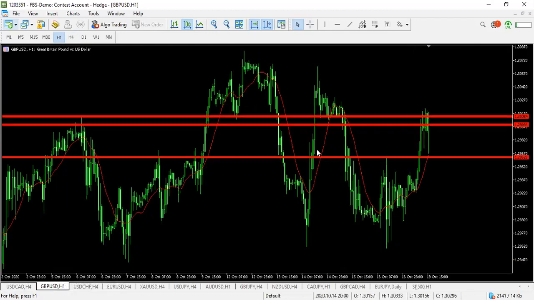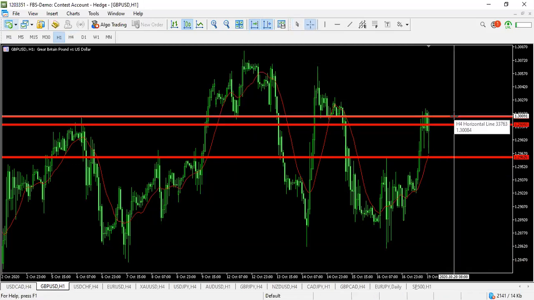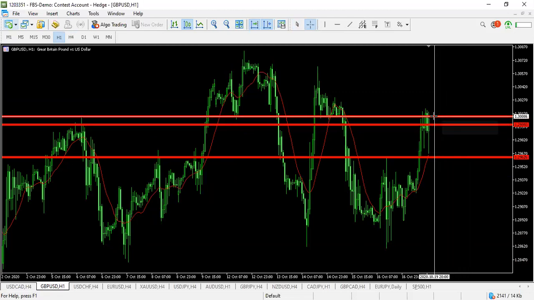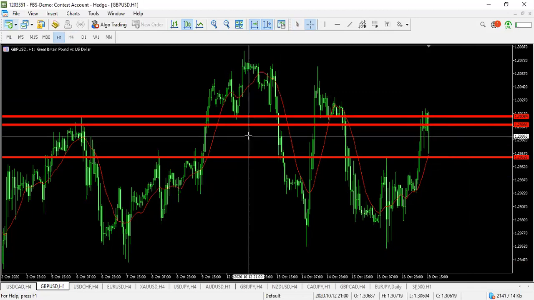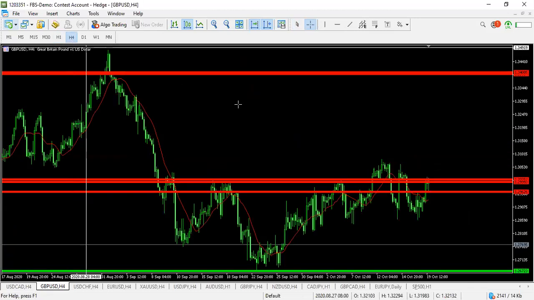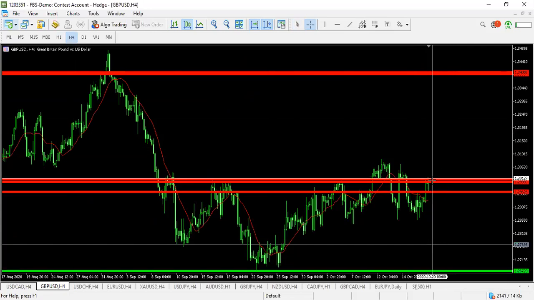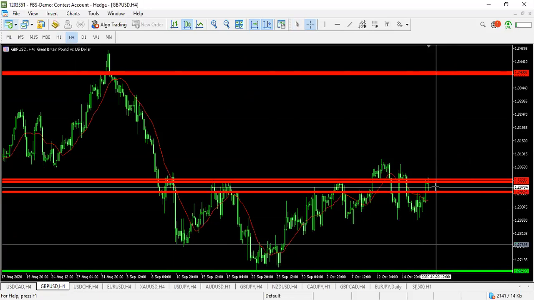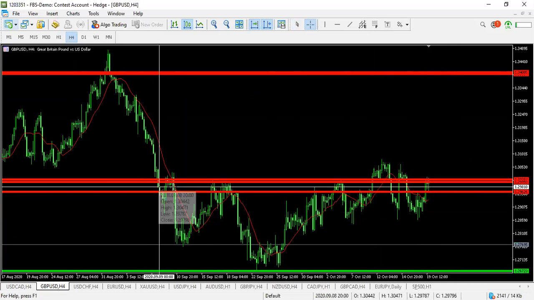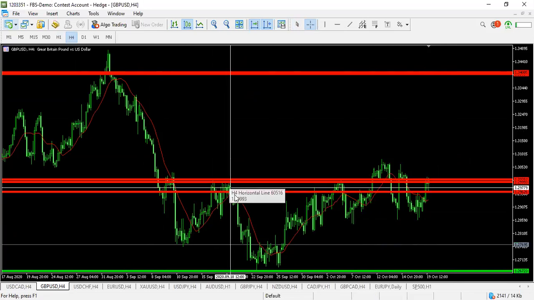The pound USD, the 130 is a resistance zone. If this zone holds, then we'll see the pair rotate lower to our pivot point for this week, which is 126.700 zone. So we want to see this price crash from this zone, because 130 has been acting as resistance for some time now.